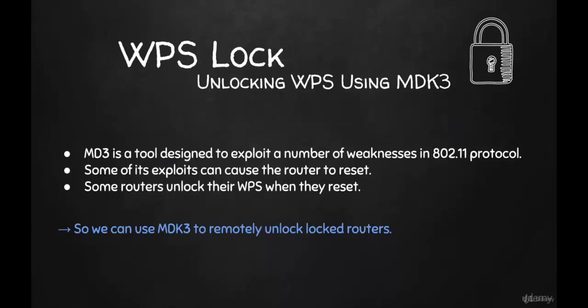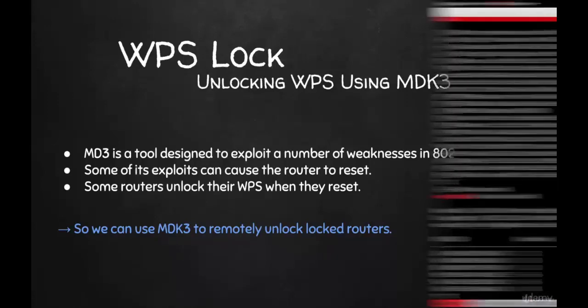So we'll be able to run Reaver and start guessing the WPS pin again. And since Reaver supports pause and resume, this can work really well. So even if you're at 60% and then the router locks, you can just Control-C Reaver, run this attack, get the router to be unlocked, and then run the attack again, and it'll start from 60%. It's not going to start from 0.